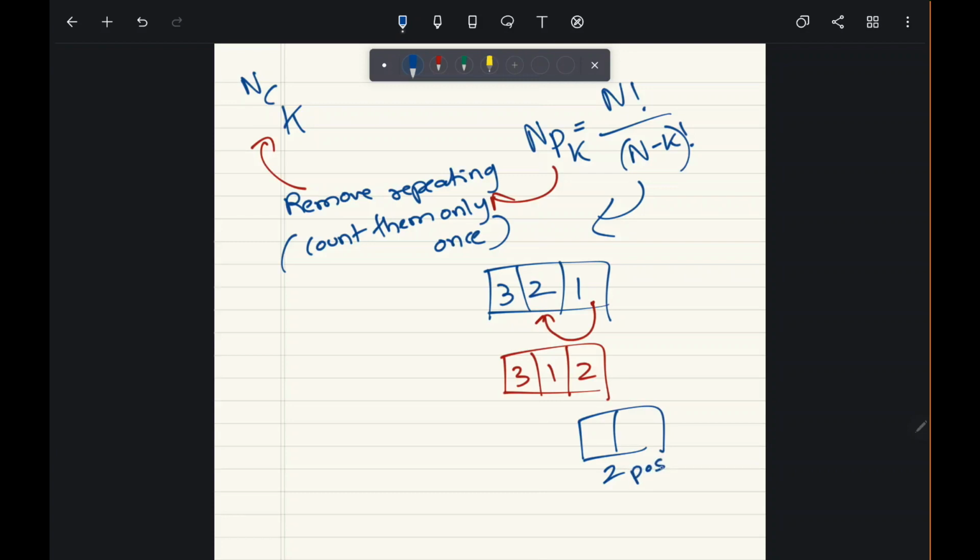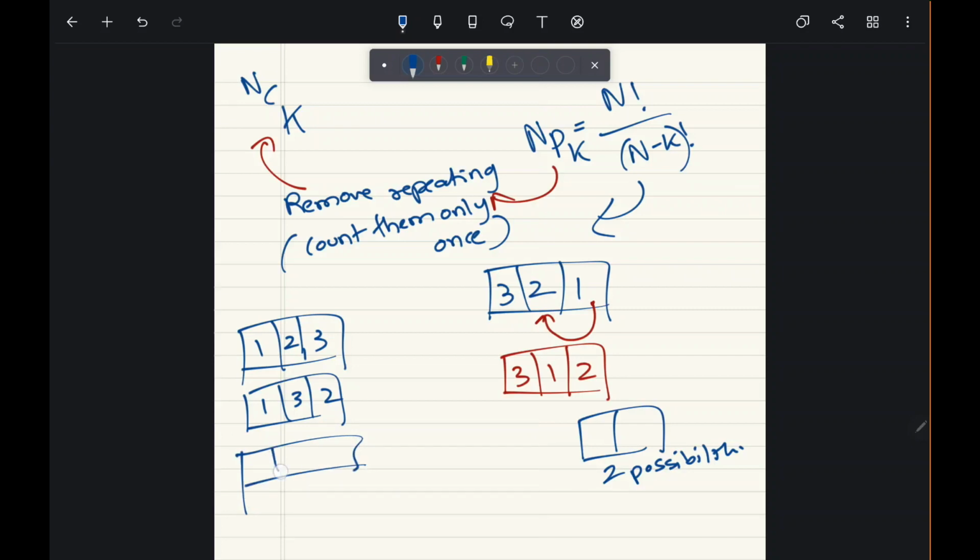And if I had 1 in the first place, you could have 1 2 3 or 1 3 2. So again 2 possibilities. And even if you have 2 in the first place, it's 2 1 3 or 2 3 1. So again 2 possibilities for every letter that is here.